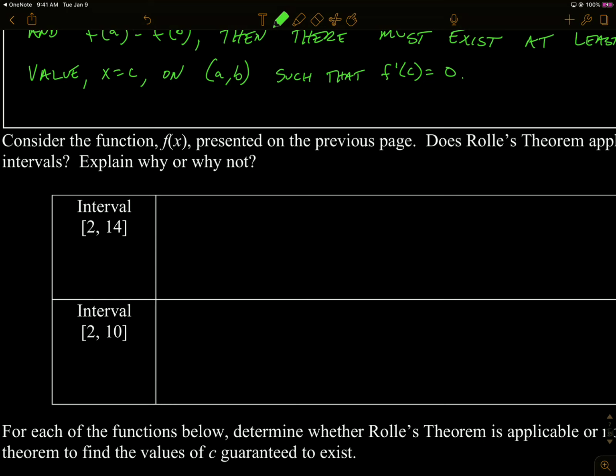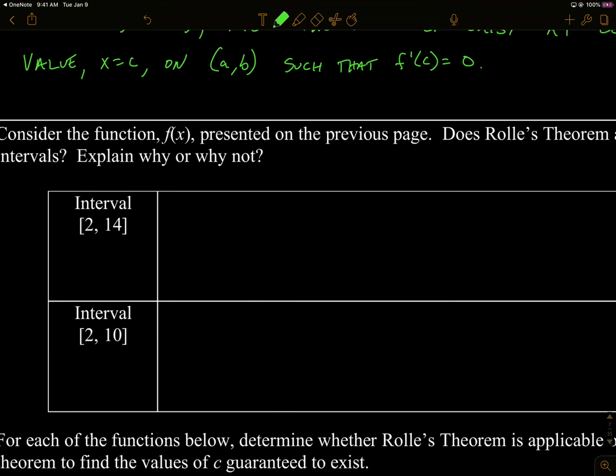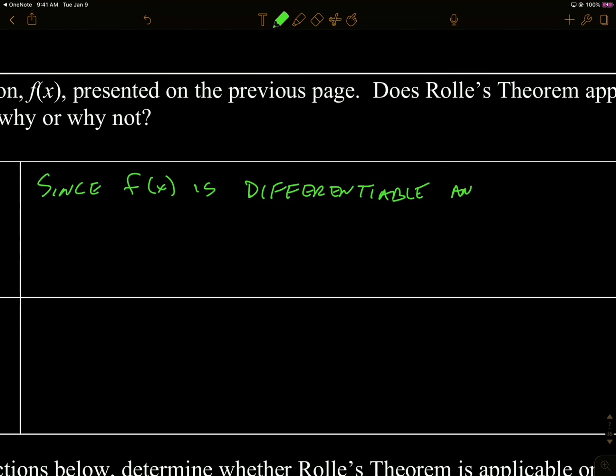So first of all, is the function differentiable? Is it continuous? We have to prove that or state that. So since f of x is differentiable and continuous, so we want to say that it's continuous also.